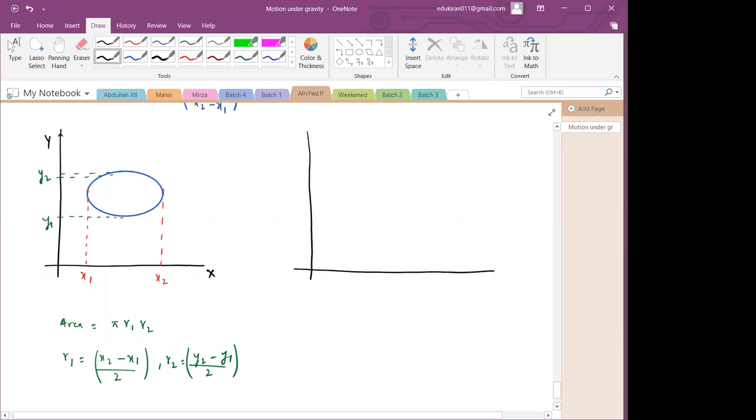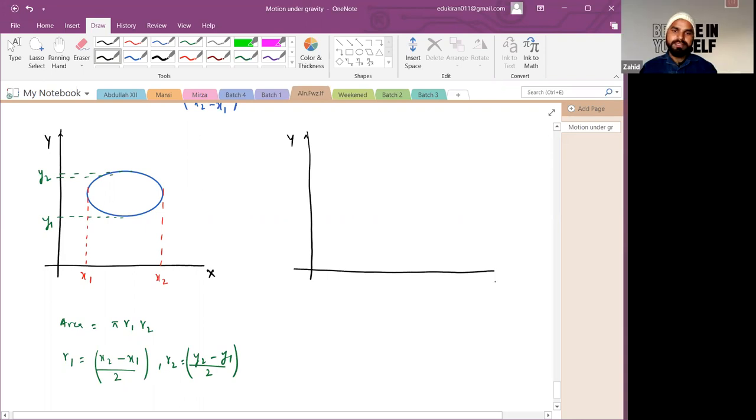Similarly, this is the y-axis and this is the x-axis. Suppose this is a line and this is another line, and join them like this.